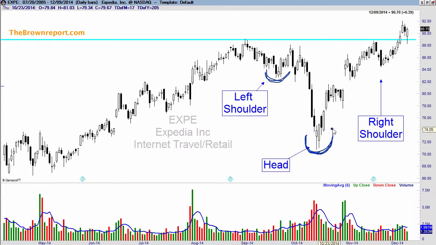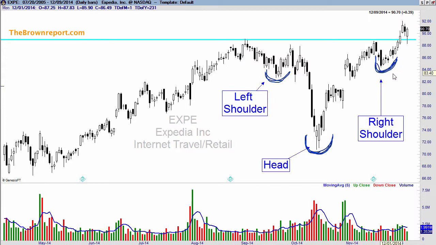And then it wouldn't be complete unless it formed a right shoulder. So on its way back up, notice it stopped pretty much right here at this resistance line again, sold off, and then reversed back up. So there you have the formation of the right shoulder.